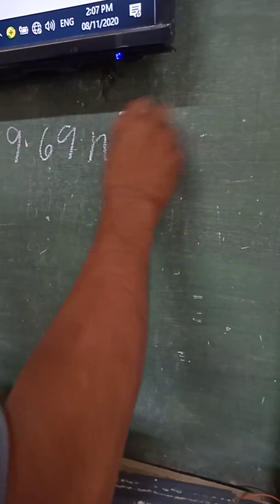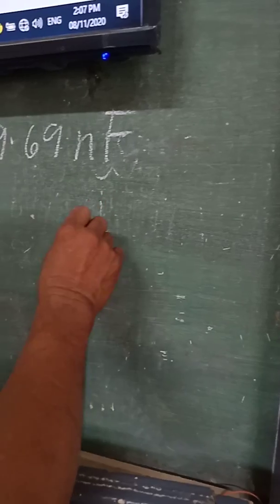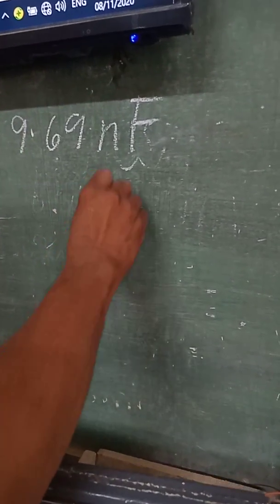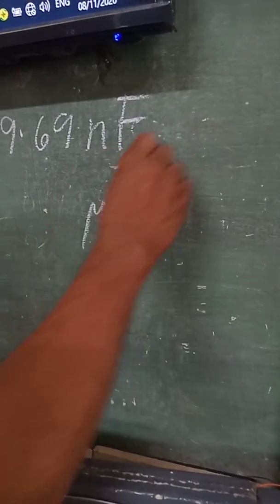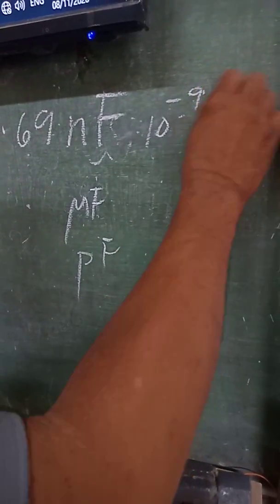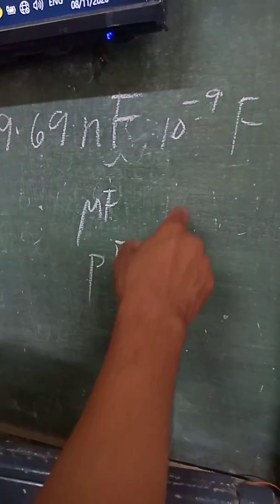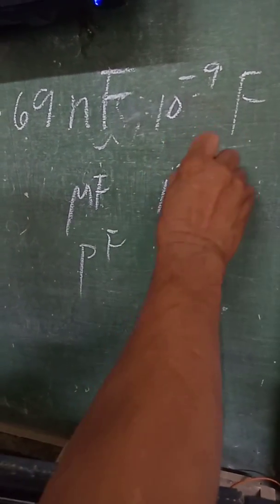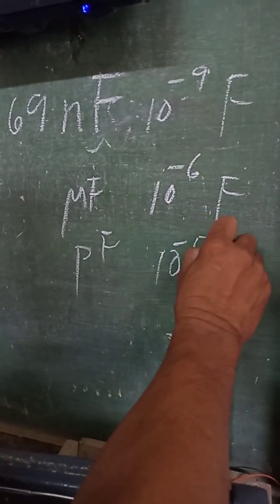9.69 nanofarad. When you convert that into micro, remember, nano is a prefix unit. We can also have microfarad and picofarad. Nano is 10 to the power of negative 9 farad, whereas micro is 10 to the power of negative 6 farad, and pico is 10 raised to the power of negative 12 farad.